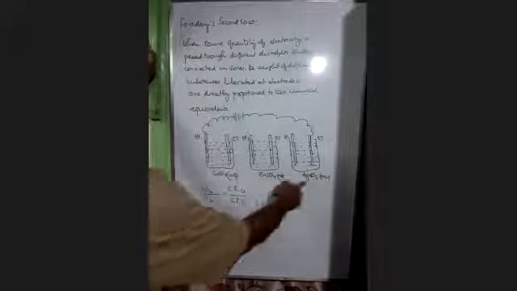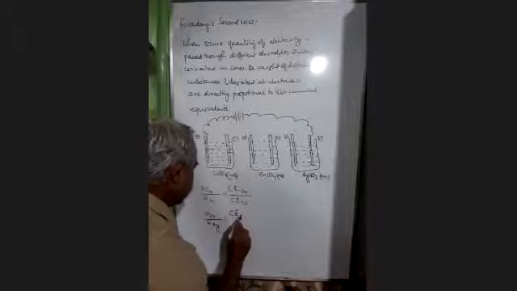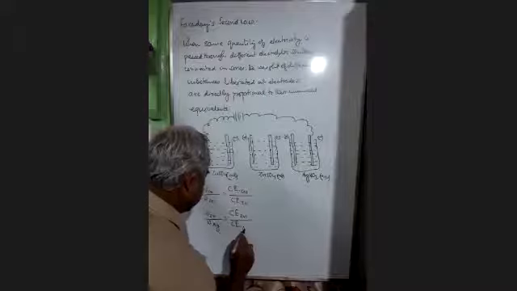Then if I compare this and this, W_Zn by W_Ag is equal to the chemical equivalent of zinc by the chemical equivalent of silver.